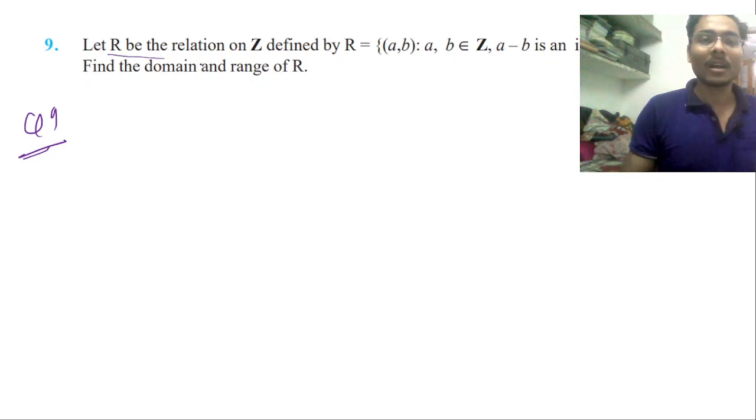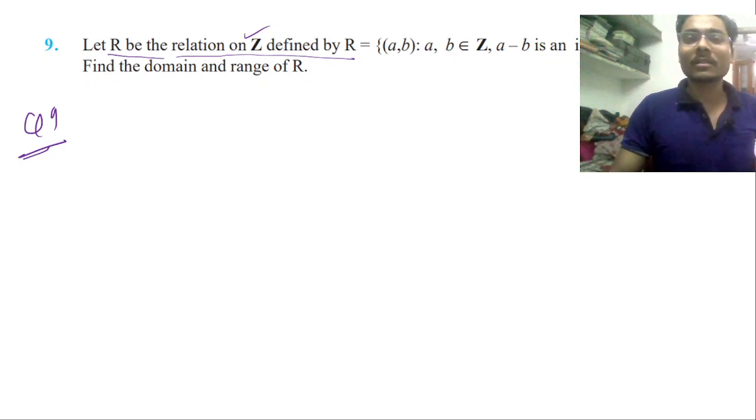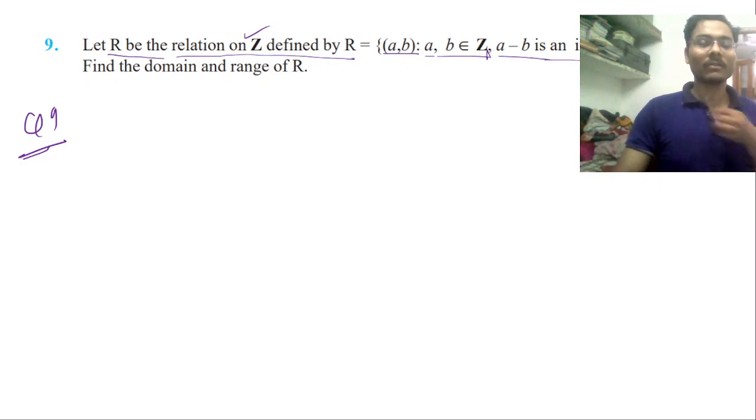They are saying let R be the relation on Z. Z is the integers. Integers or rational numbers? Rational numbers is Q. Okay, that is the integers, positive and negative, such that a, b where a and b belong to Z, and a minus b is an integer, and write down the domain and range of the R. Okay, so there are a lot of numbers possible in this range, and they are also just saying that okay, so let me just solve this question with an example.